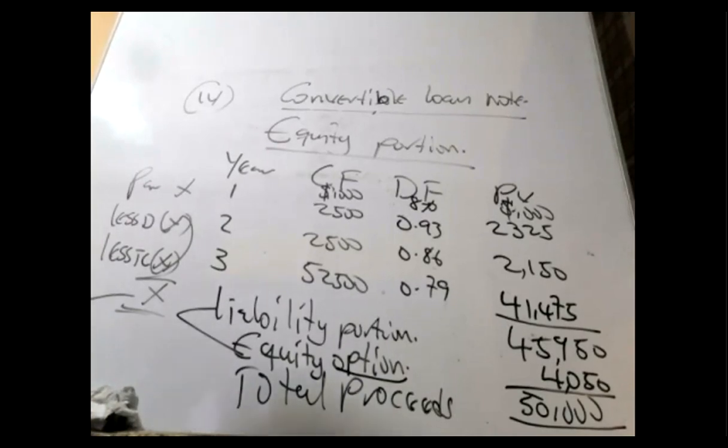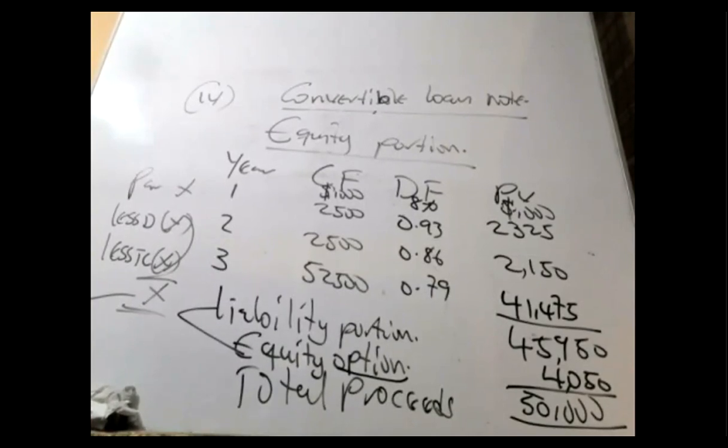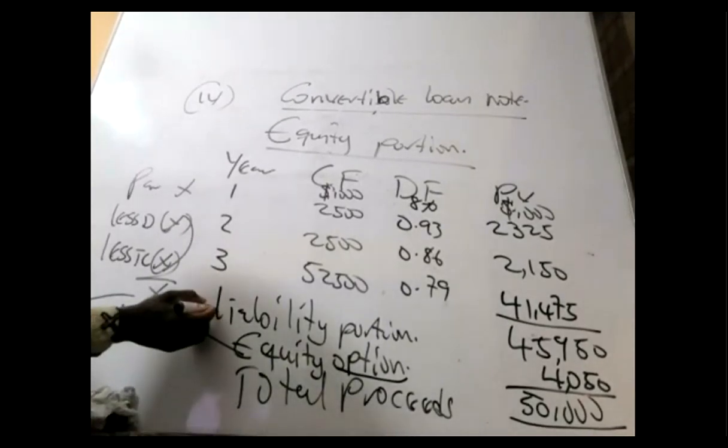Because the holder has the right to convert it. He has not exercised that right until the maturity date. He will then select whether to redeem or convert. That is all, and proceed to account for the liability portion.